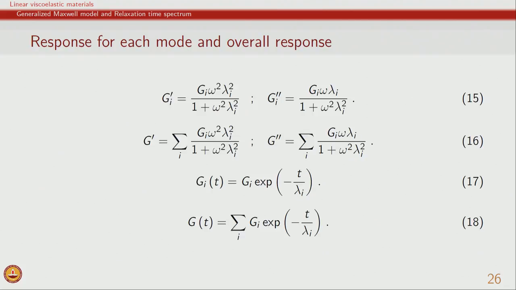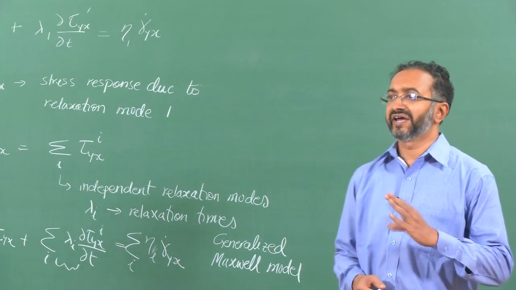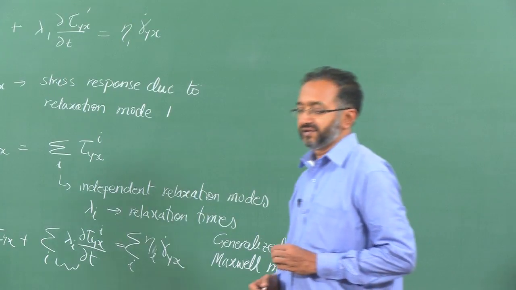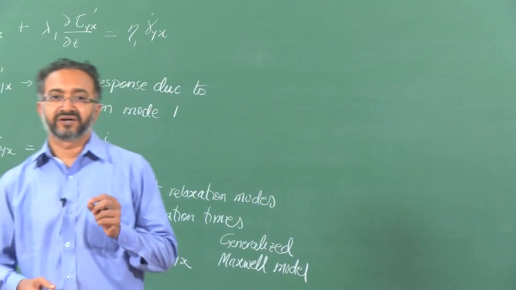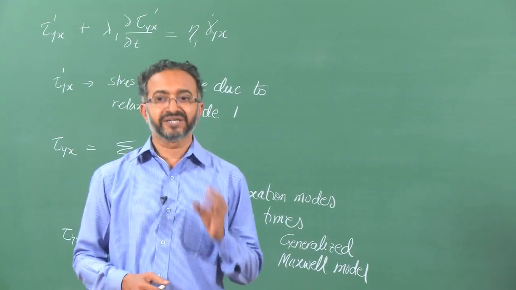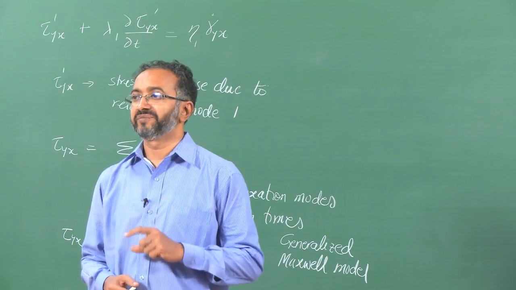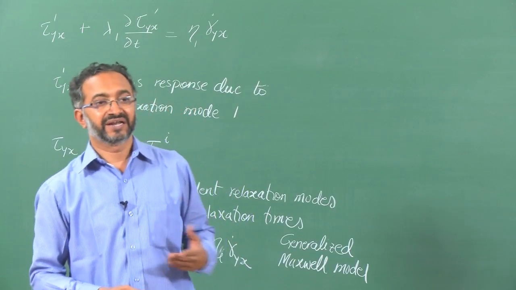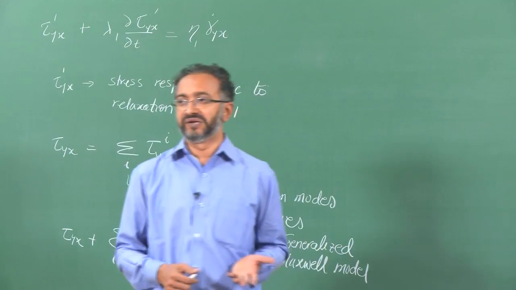So, using this generalized Maxwell model, we can describe a fairly large number of fluid like materials, and as long as our analysis is limited to small deformations, this way of analyzing materials is quite useful.